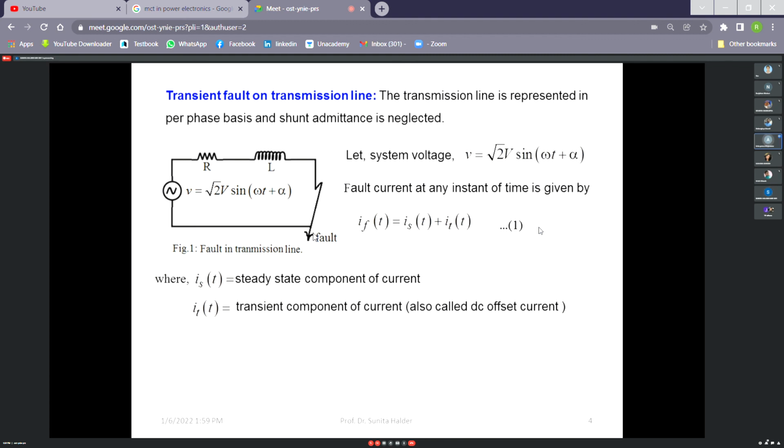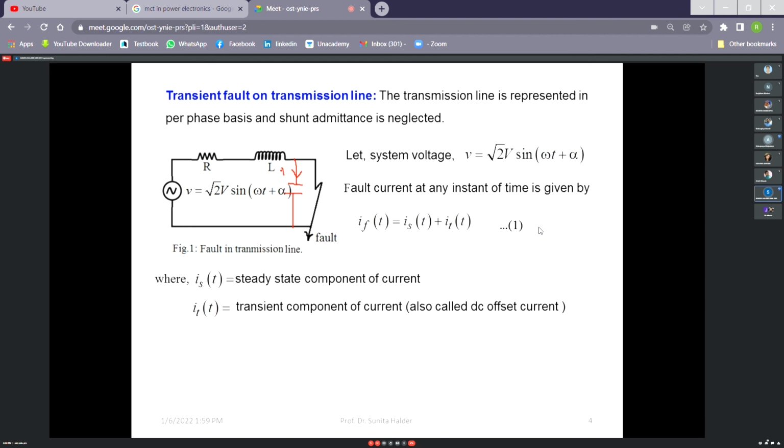Ma'am, the shunt admittance is neglected. Can you repeat? Shunt admittance means the transmission line shunt admittance. This is the property of the transmission line that will be there. If we assume a shunt capacitor here, it is obviously connected here. It is not disconnected because it is the property of the transmission line. But what was the contribution of this capacitor?